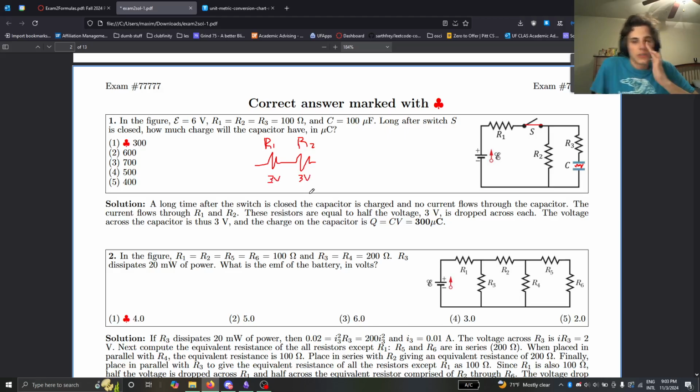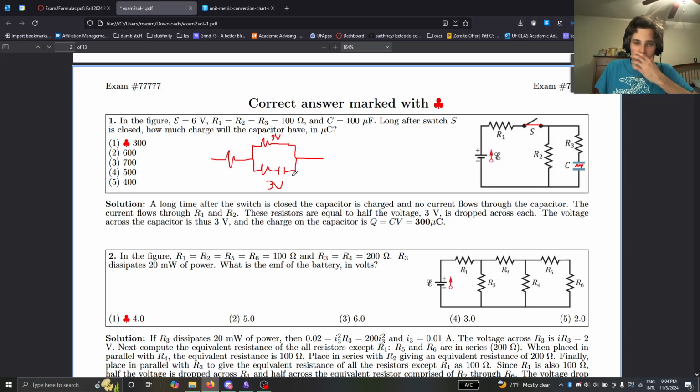But even though this section doesn't have any current, it still gets the same volts as R2 does, because technically they are set up in parallel. So even though this branch might not be getting any current, and all the current is split among this path and this path, if this upper one has 3 volts, the lower one also has 3 volts.